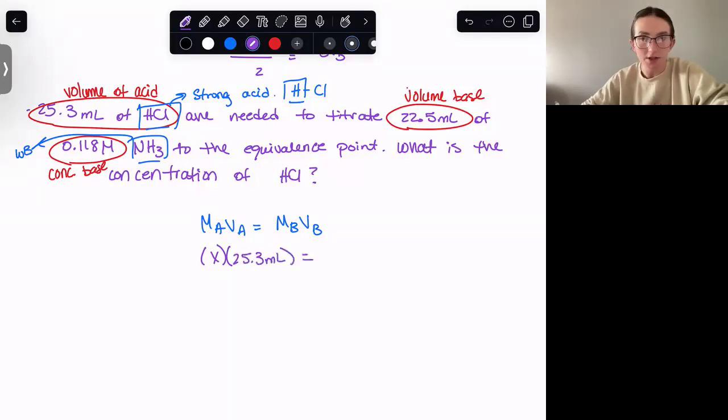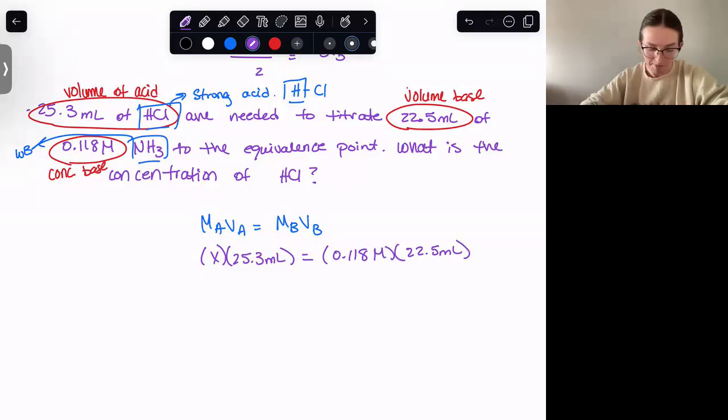Again, we don't need to convert our units here. We're given concentration, which is 0.118 molar. And we're given our volume, which is 22.5 mils. Okay, and then we could just solve for X, which I got as 0.105 molar HCl.